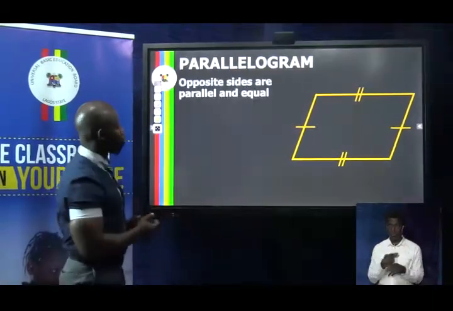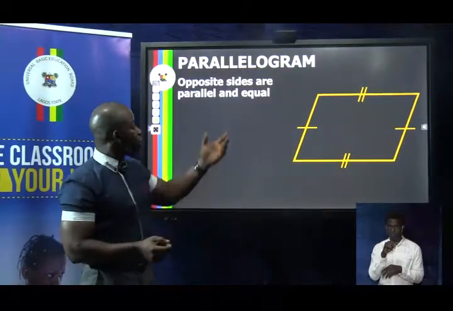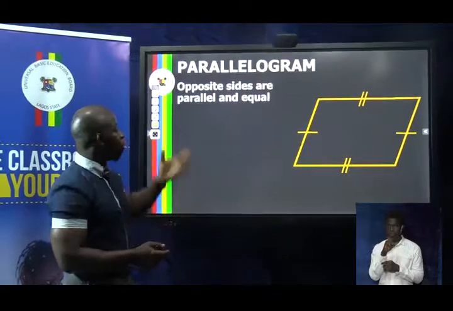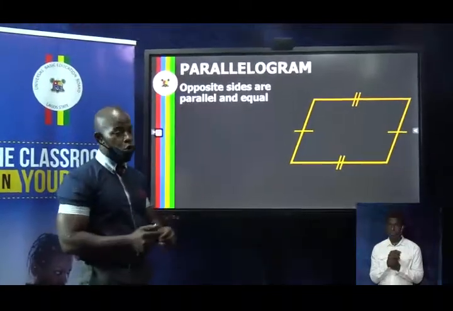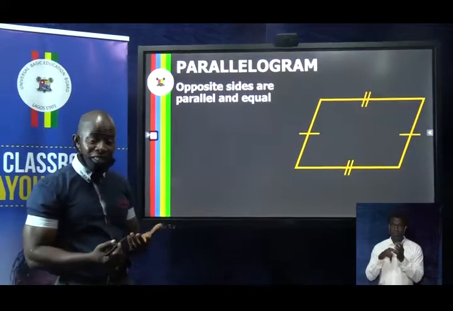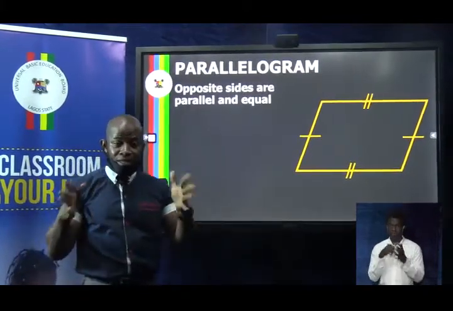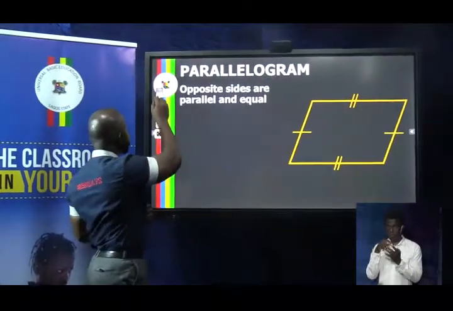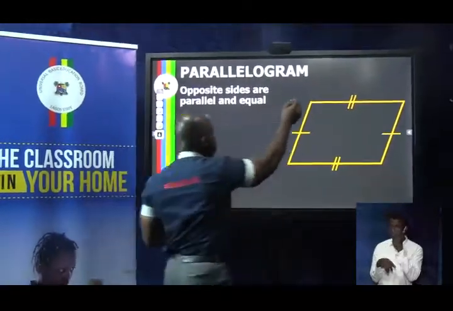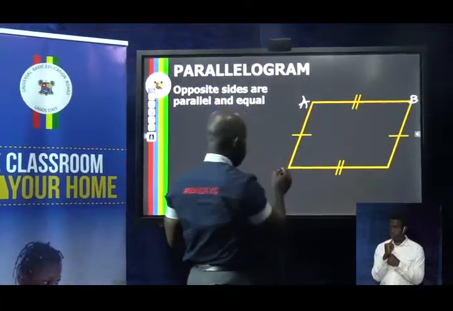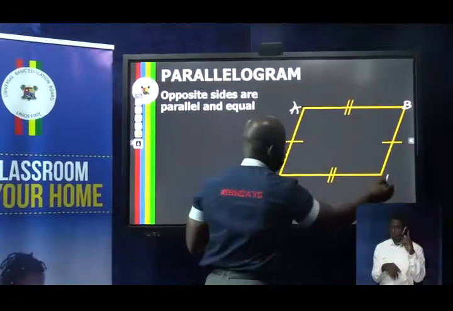So now let's see the properties. Opposite sides are parallel. Opposite sides are also equal. What do we mean by opposite sides? Opposite sides means the sides that are facing each other. Now in this case, AB is opposite to CD.